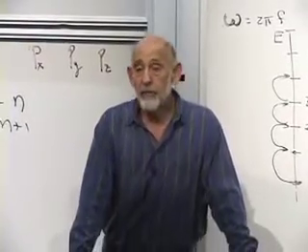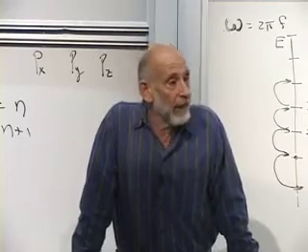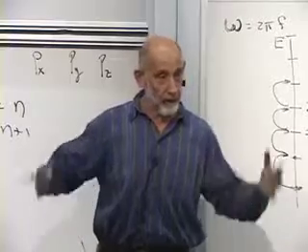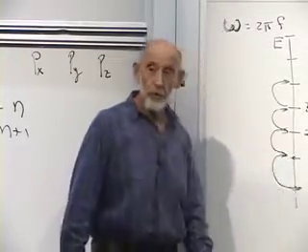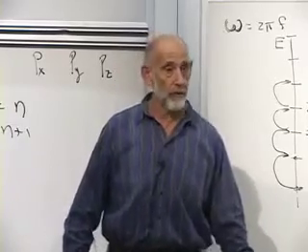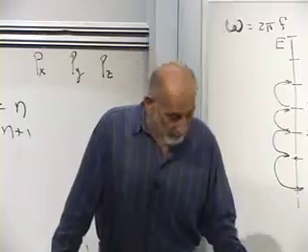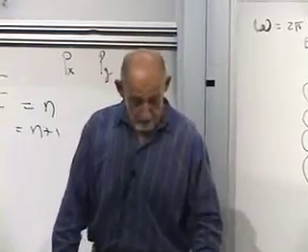Now, if the oscillator happens to correspond to an electromagnetic oscillation, an oscillation of the electromagnetic field, then what these operators do is they add and subtract photons. They are what are called creation and annihilation operators.